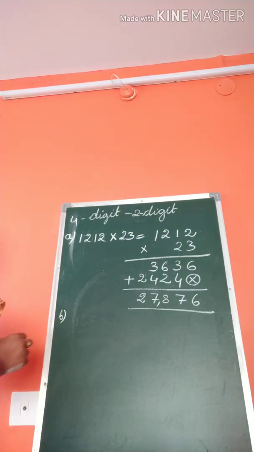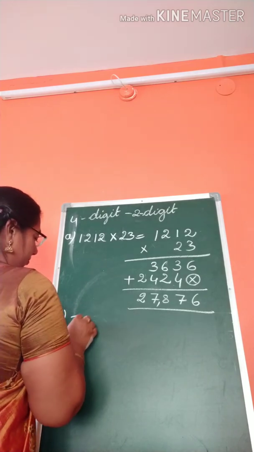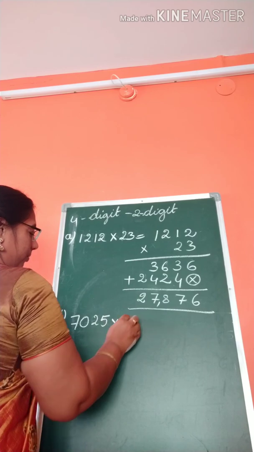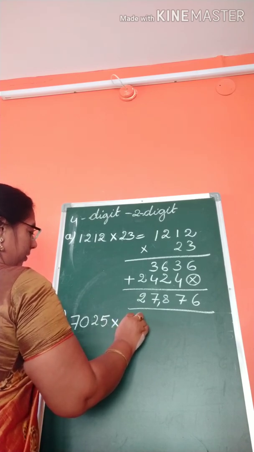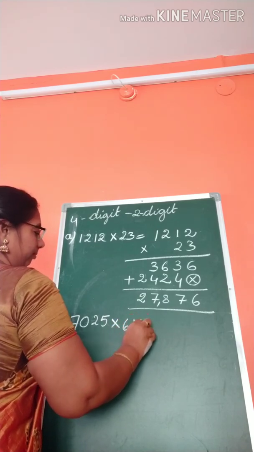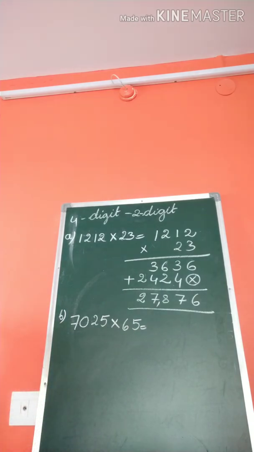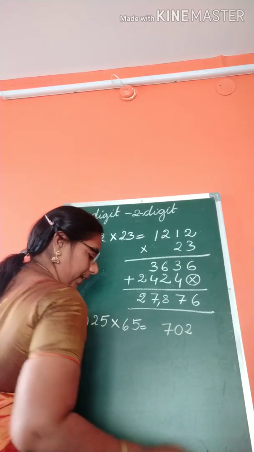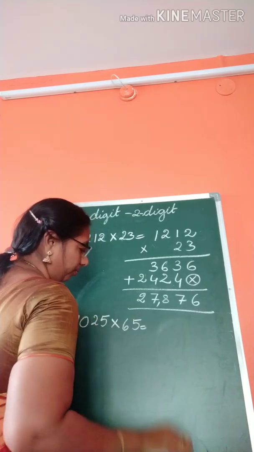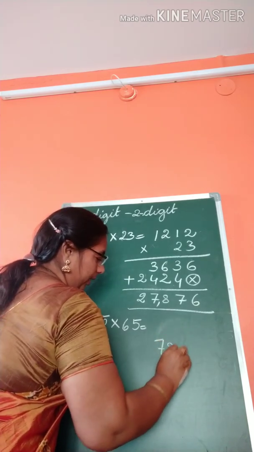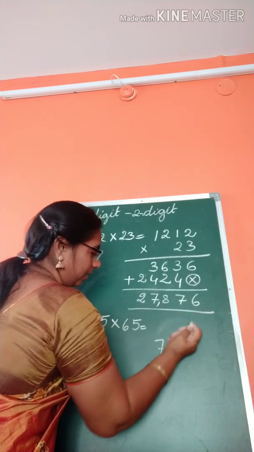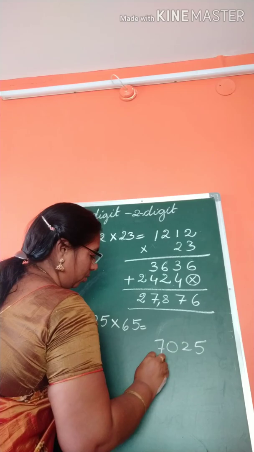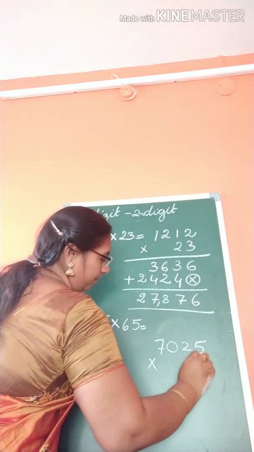Let us take 7,025 into 65. Okay. So here the number is 7,025 into 65.